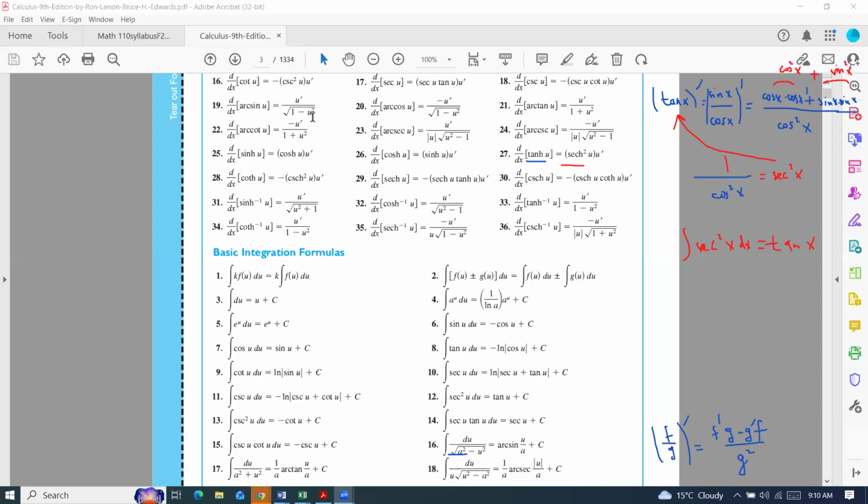And the similar formula to number 19 I'm looking at right now will be 16 here on the bottom. So it's going backwards to arc sine, right? You take the antiderivative. So how can we check the validity of those formulas? And that actually brings us to the test questions.